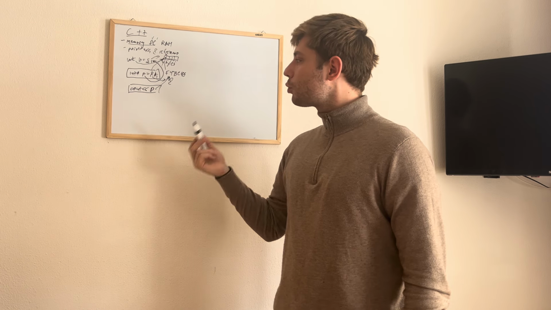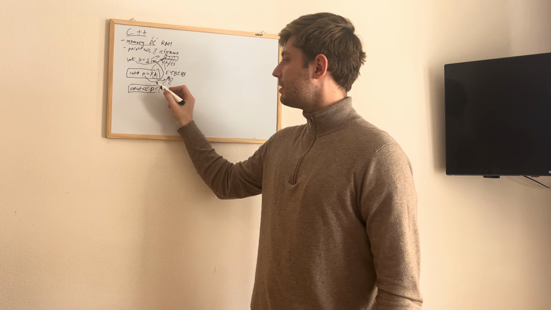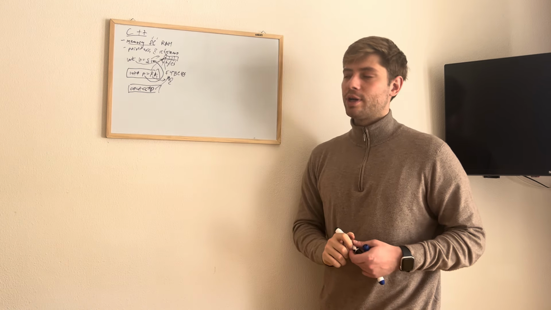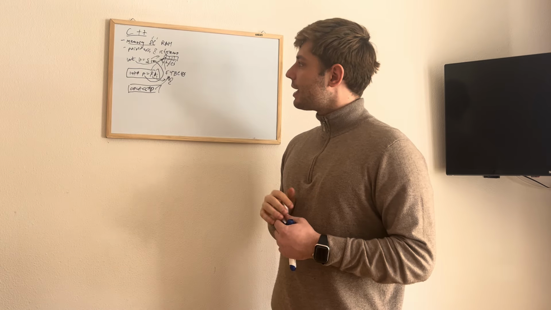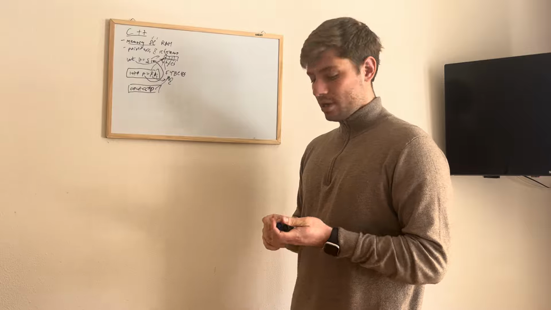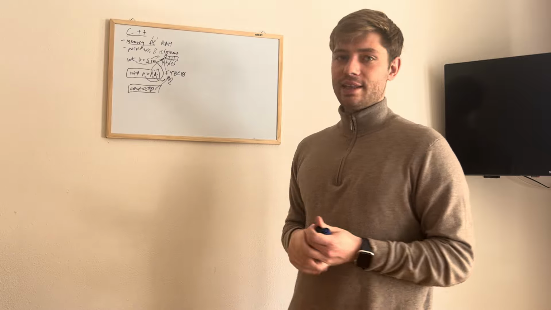But if we don't want the address, but we actually want the value, we will dereference it with the star once again. So here is the base, just the base of how we can store and get values.